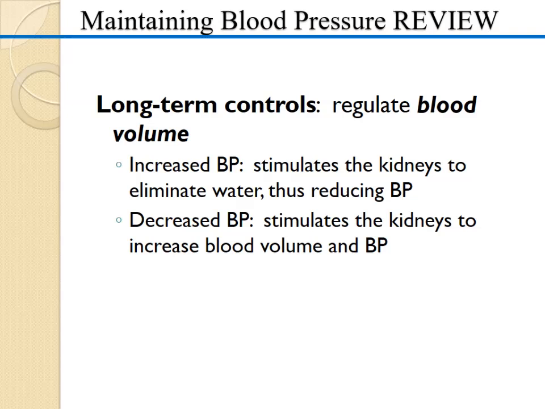So which hormone would be doing this here? Which would increase blood volume by water retention? ADH, right. Beautiful. And this would be your ANP that we just saw, the atrial natriuretic peptide. So ANP right here, ADH right there.